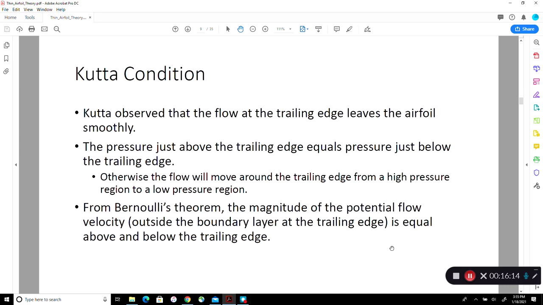So this is called the Kutta condition. Pressure above equal to pressure below. The flow is smoothly leaving the trailing edge. It's not wrapping around the trailing edge. And when we talk about velocity, we are not talking about right at the solid surface, because we have a boundary layer. We are talking about the velocity at the edge of the boundary layer. So this is called the Kutta condition.